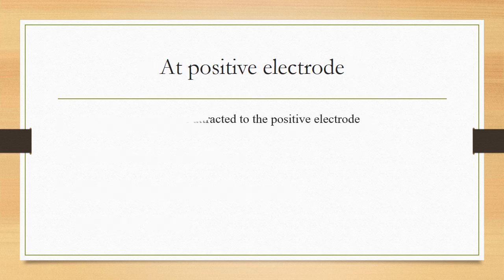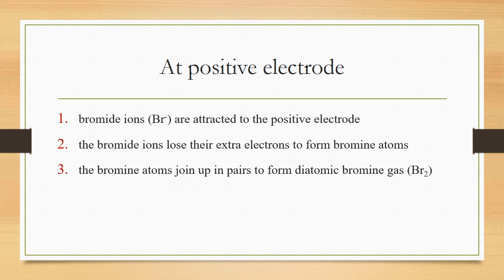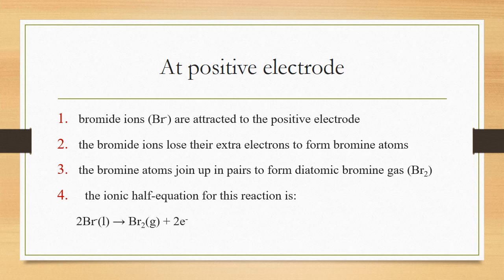At the anode, the bromide ions are attracted to the positive electrode, and the bromide ions lose electrons to form bromine atoms. You see that as diatomic bromine gas, Br2. The half equation, as we've looked at before, is the 2 bromide ions losing electrons and forming bromine.